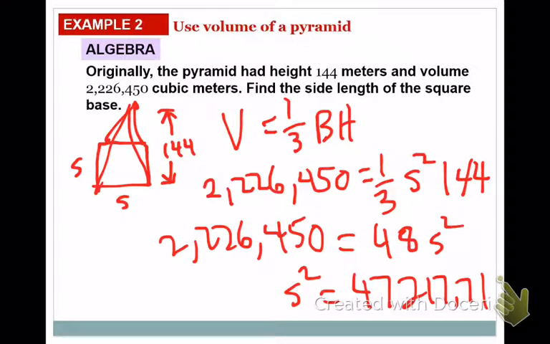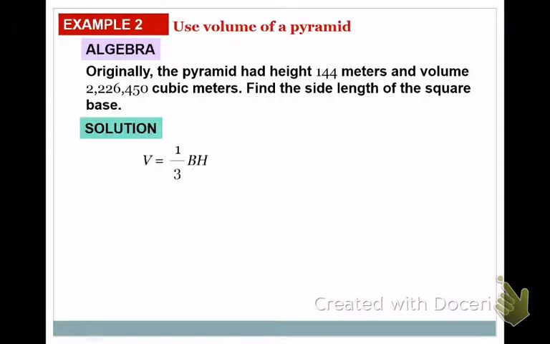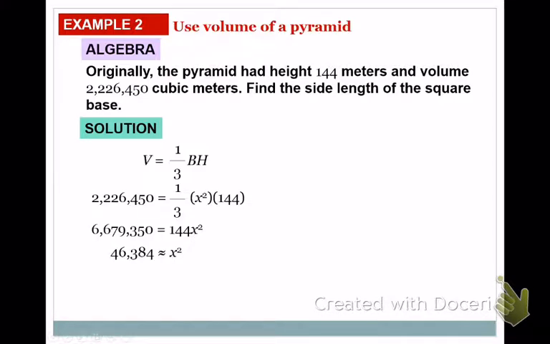You got a different number? Well, let's see what the work says. So we've got plug in, they multiply by 3 to divide. Okay, they got x squared equals 46,384 is what you should have gotten. And then you do the square root of that, 215.